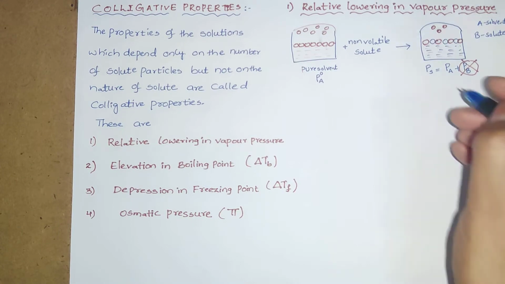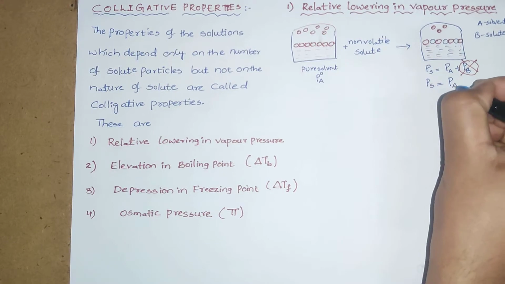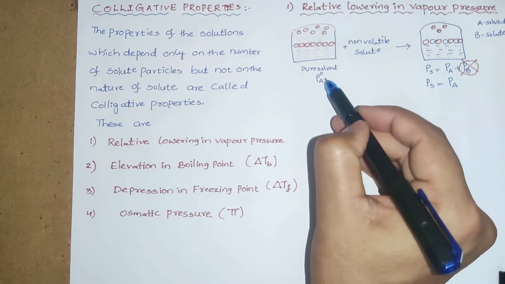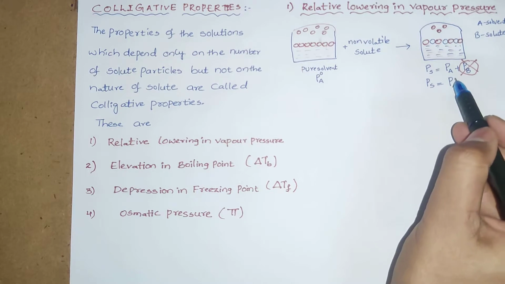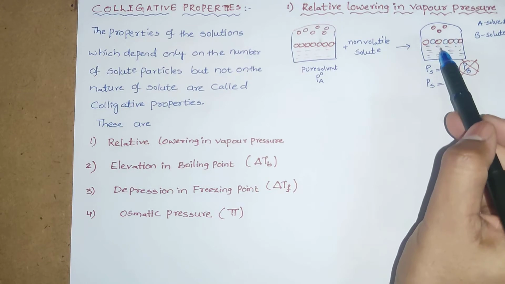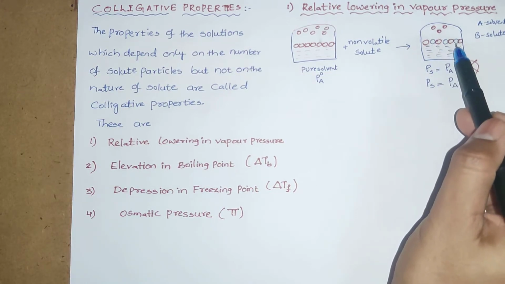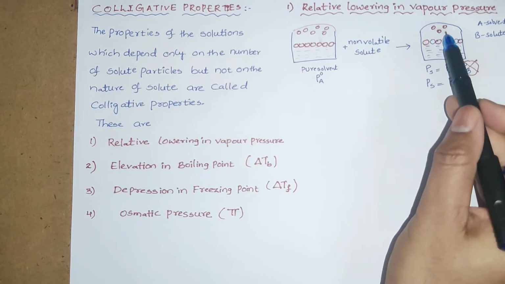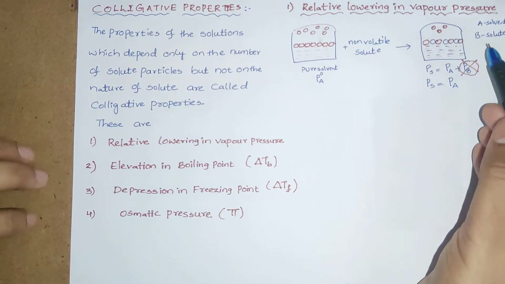So the vapor pressure of the solution is equal to the vapor pressure of the solvent. When a non-volatile solute is added to a volatile solvent, the vapor pressure of the solution decreases, because some of the solvent molecules are replaced by the non-volatile solute. As a result, the number of solvent molecules escaping into the vapor phase decreases, which causes the decrease in vapor pressure.